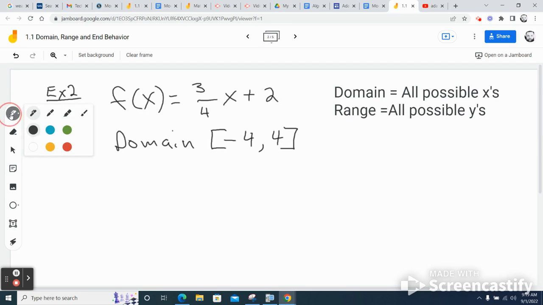Okay? So what they're saying is there's a relationship, and you could think of this in terms of this is y and 3/4 x plus 2. So there's a relationship between the x value and the y value.